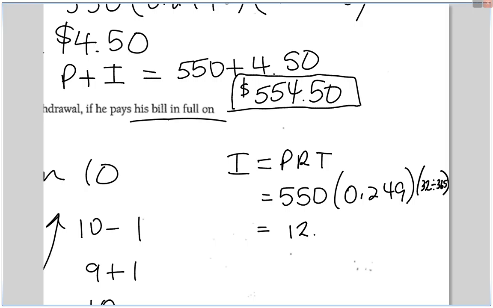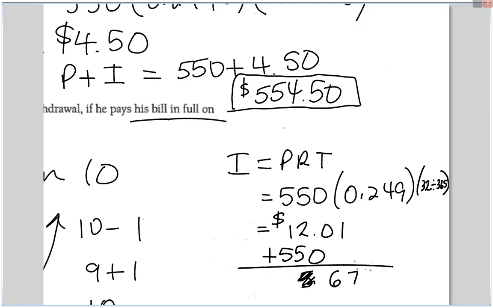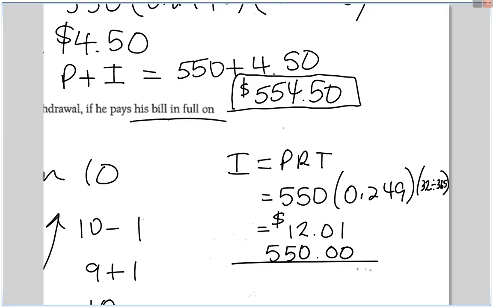So this was 12.01 after rounding. Add on the original amount of the loan, the actual cost. 550 plus 12.01 gives 562.01.